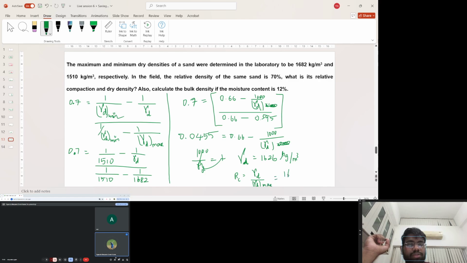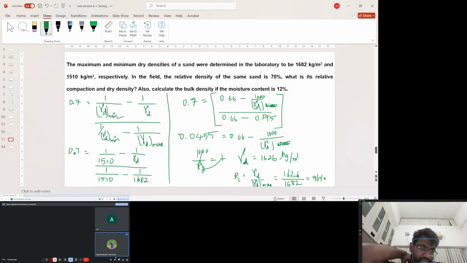So it will be 1626 divided by 1682, and it will come around 96.7. That is the maximum limit which can be achieved when we translate laboratory studies to the field.